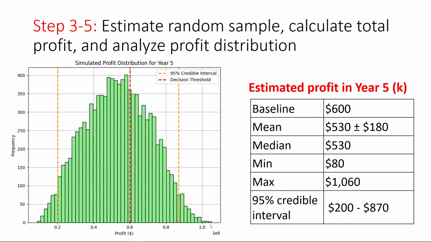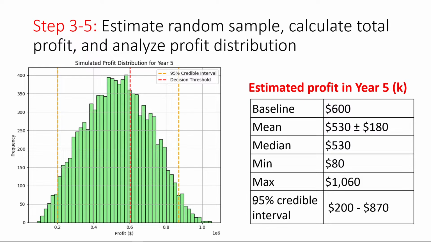But usually we don't look at the minimum and the maximum because these could be outliers and non-realistic. Typically we look at the credible interval, the 80 to 95% credible interval.